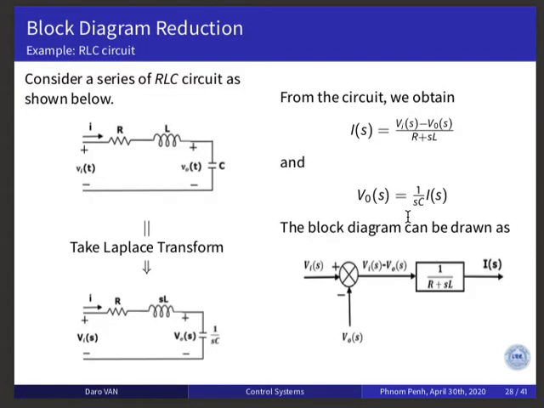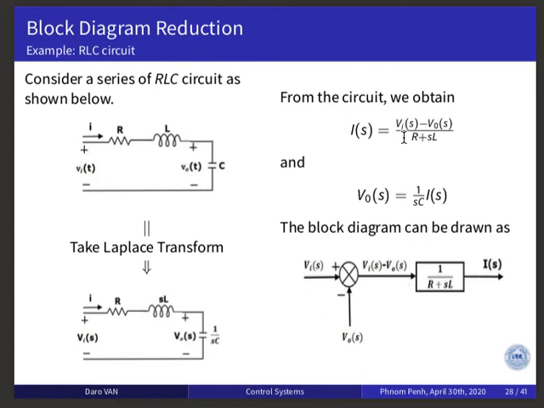And then you can write a block diagram using these two equations. For example, this is a summing point, and we have Vi(s) here. This is plus, this is minus. So you can see Vi(s) minus V0(s) here equals what?